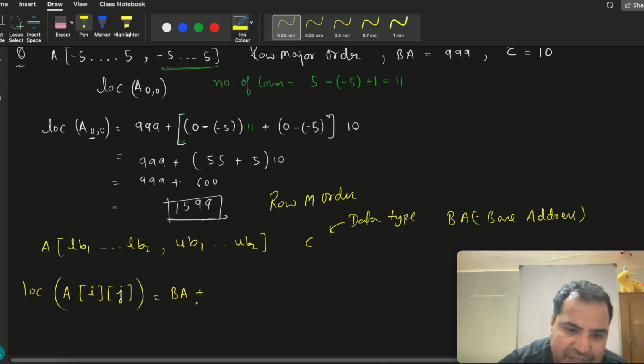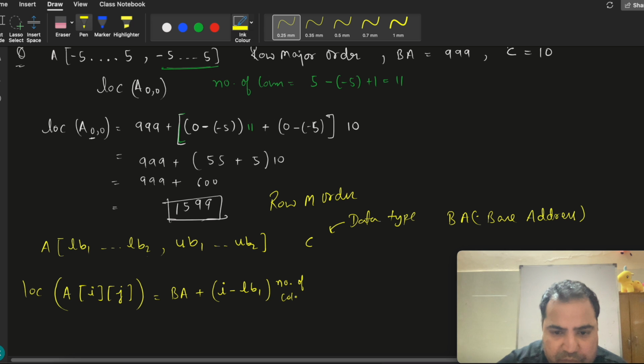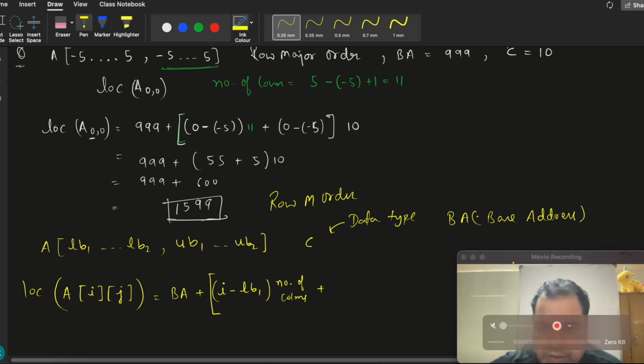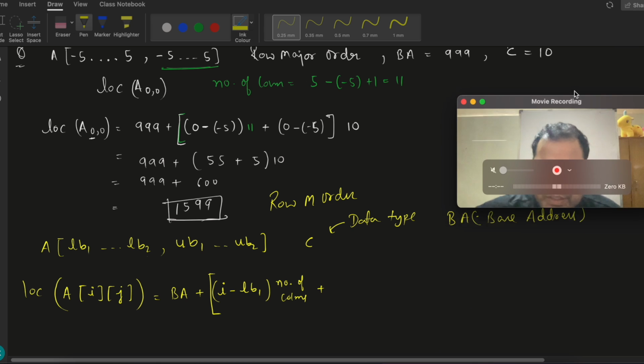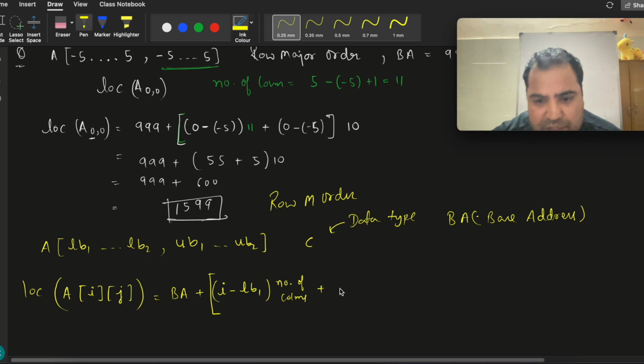Base address, then I minus LB1, because this corresponds to row, multiplied by number of columns, plus J minus starting number of column, multiplied by C, right?